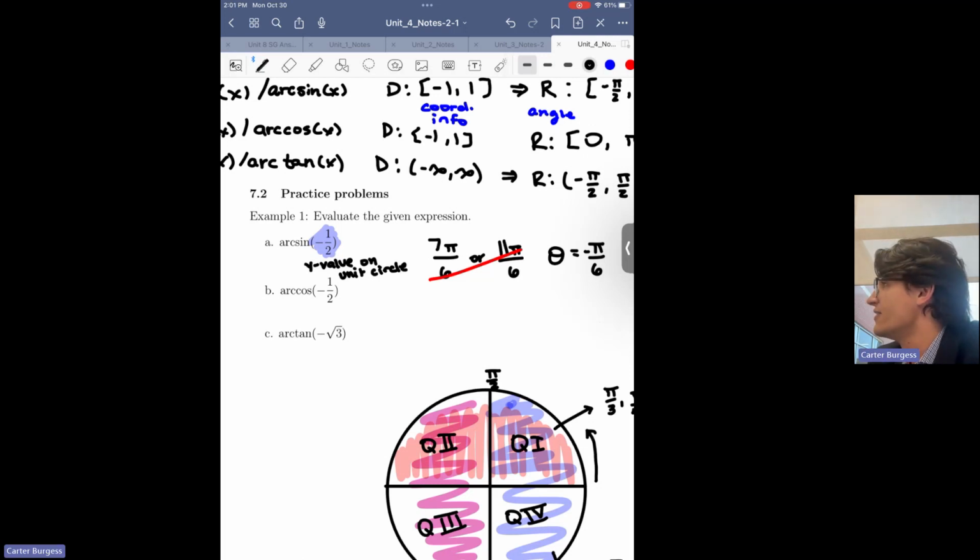Arc cosine of -1/2. Well, first of all, what is the reference angle that corresponds to the x value of 1/2?